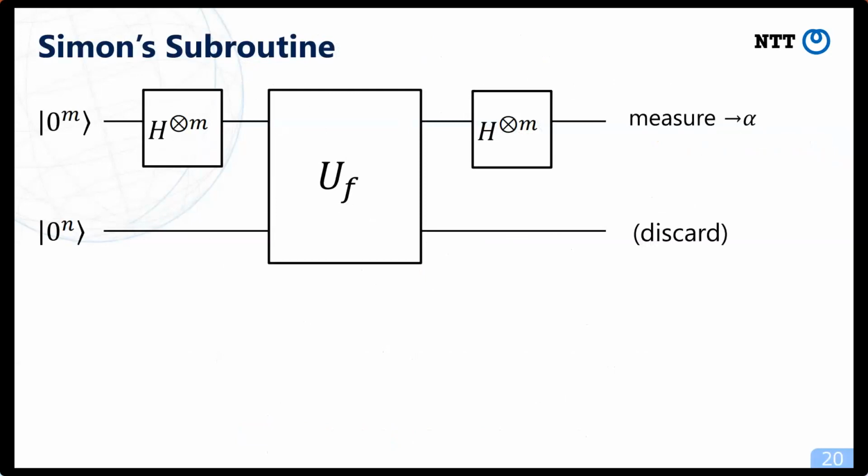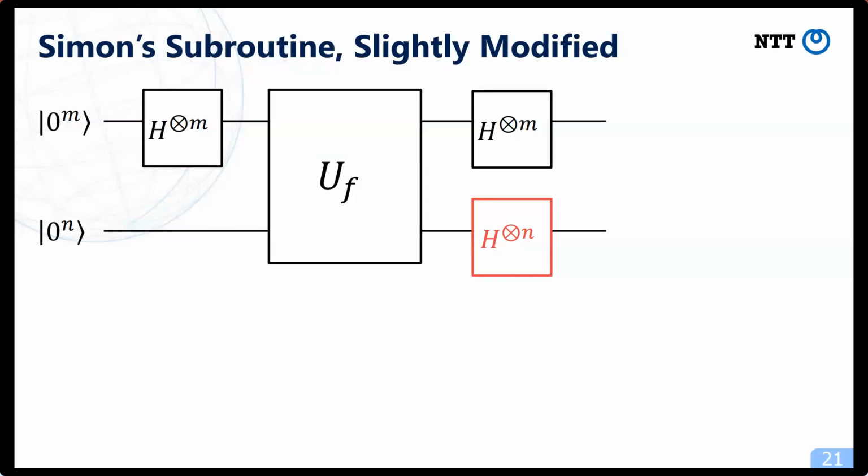So recall that Simon's subroutine looks like this. So we perform some quantum operation and measure the first register and discard the second register. But here, I'd like to modify the subroutine like this. I mean, I do not discard the second register, but perform some additional operation here.